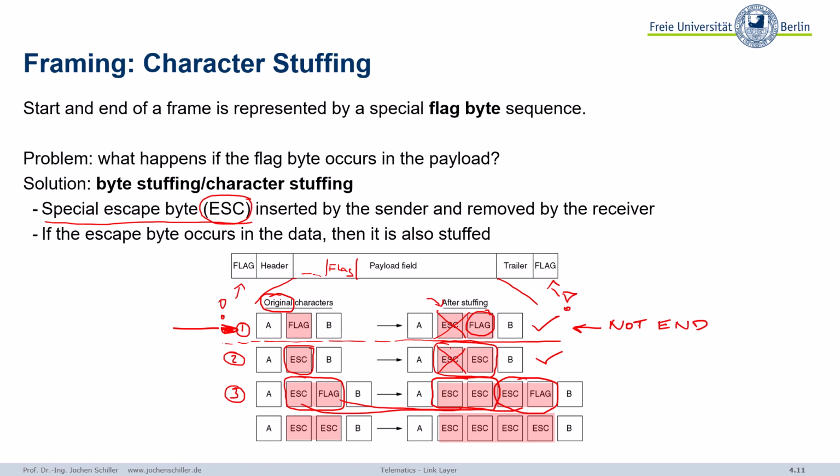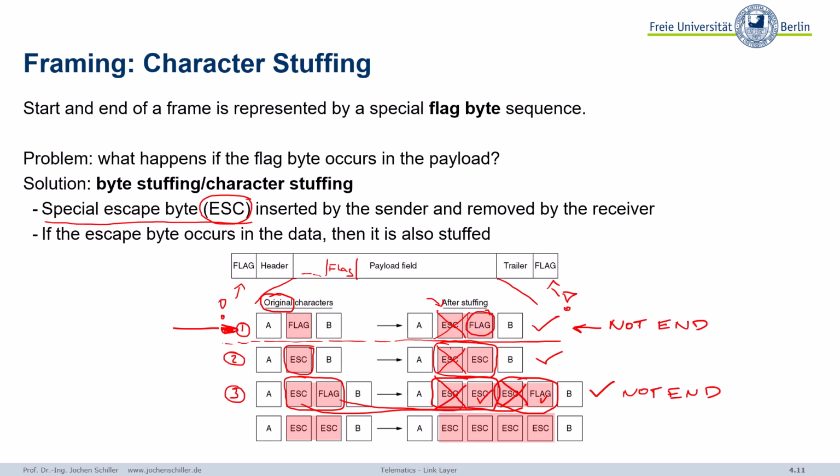Again, what does the receiver do? Simple rule. I read the characters, I see an escape followed by escape, I kick the escape, then I have our original escape. Then I see the flag. I know now, because there was an escape before the flag, that this just looks like a flag. It's not really a flag. So problem solved. It's also not the end.